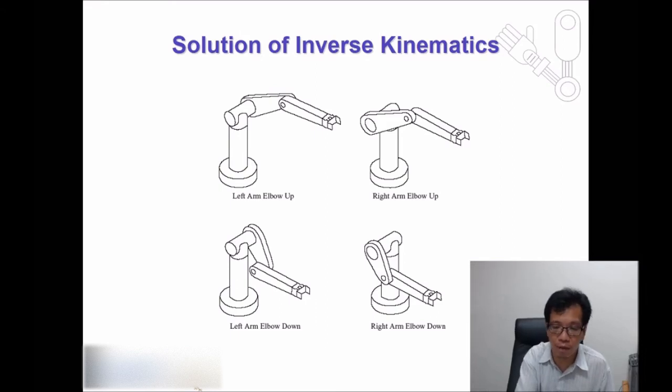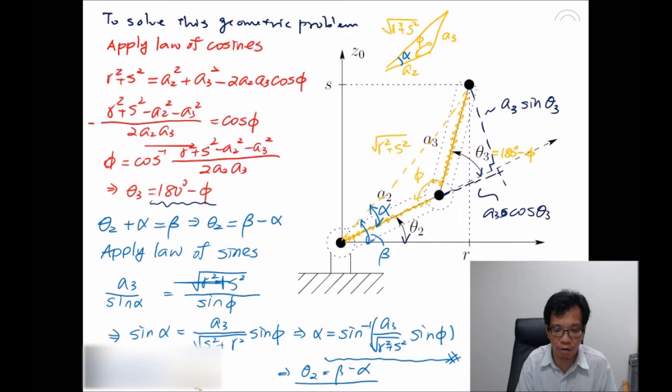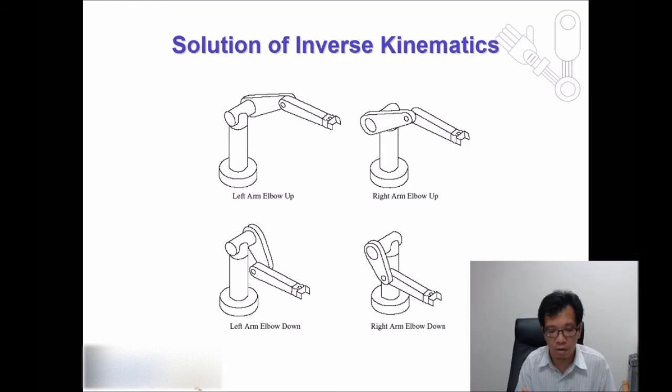So when I solve the problem, the way I draw it on the diagram like this is because I assume it's going to be moving in this way. However, there is no guarantee it must be moving in this way. This one shows 4 possible configurations for how your robotic arm is going to be positioned.